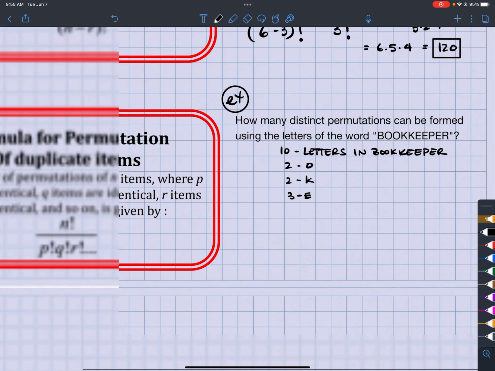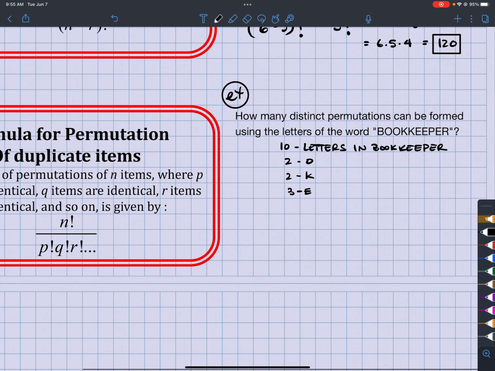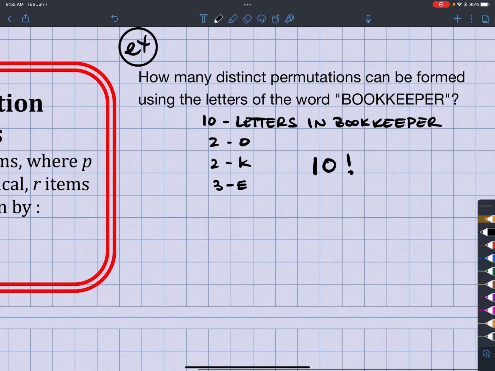So this is when the permutation of duplicate items comes into play. So in this case, I'm going to have the 10 factorial divided by the 2 factorial, 2 factorial, 3 factorial. This is for the O, this is for the K, and this is for the E.